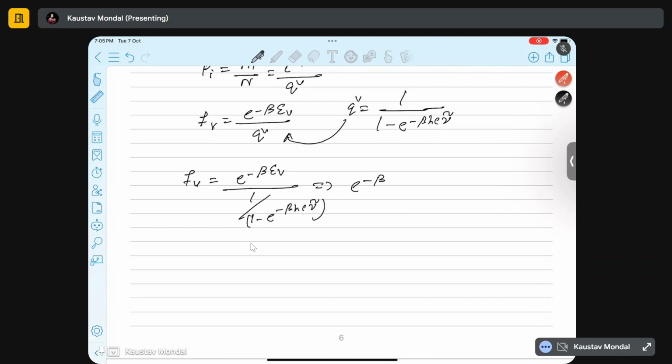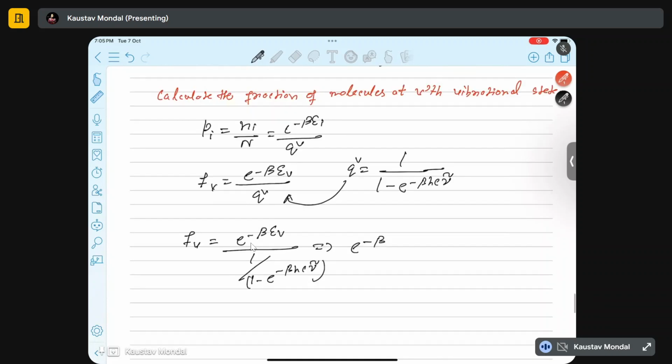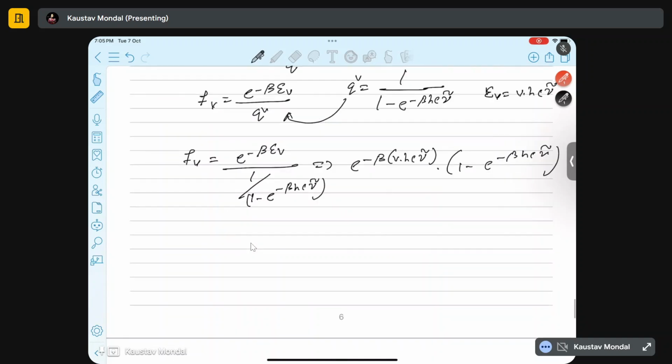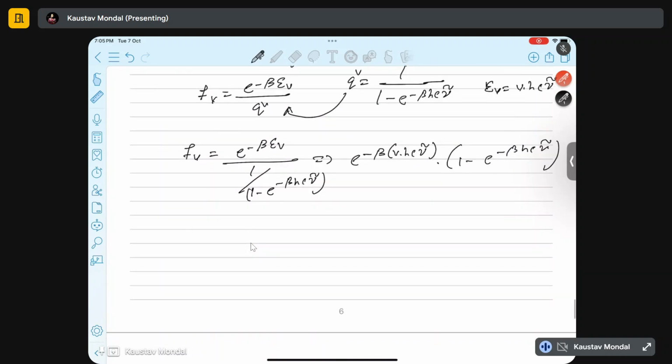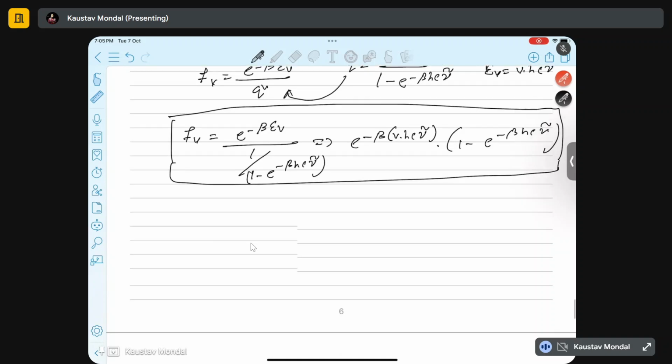So for the vth energy state, εv will be equal to v into hc nu tilde, right? So Fv equals e to the power minus beta v hc nu tilde, into 1 minus e to the power minus beta hc nu tilde. Okay, so that is basically the expression of the fraction of molecules at the vth energy state.